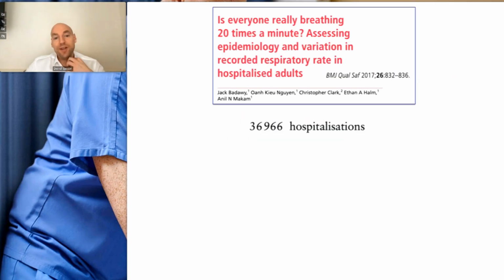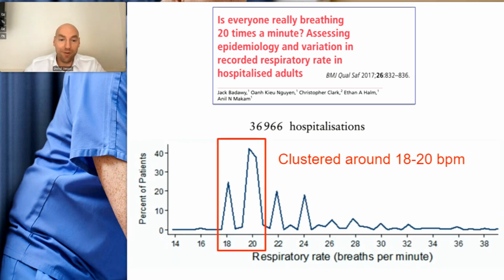If respiratory rate is measured, it is very often measured incorrectly, and this is provocatively reflected in this study. In more than 35,000 hospitalizations, the respiratory rates of the patients are surprisingly clustered around 18 or 20, which is not physiological, of course, because everybody has different respiratory rates, maybe 17, 21 or whatever.